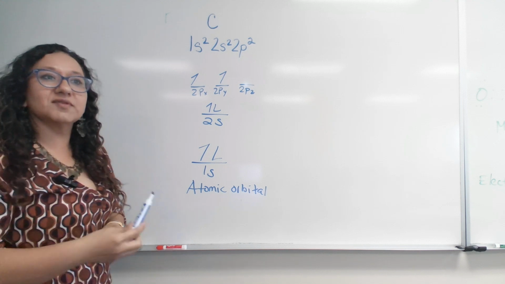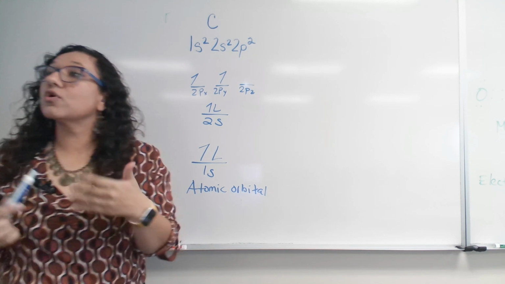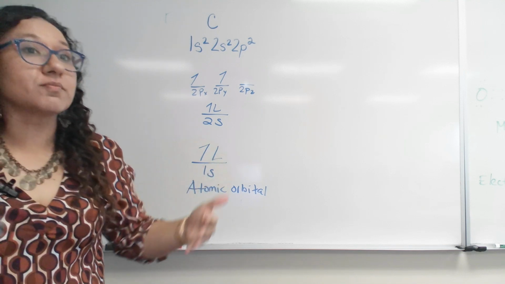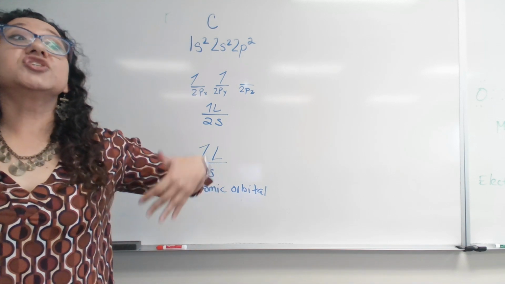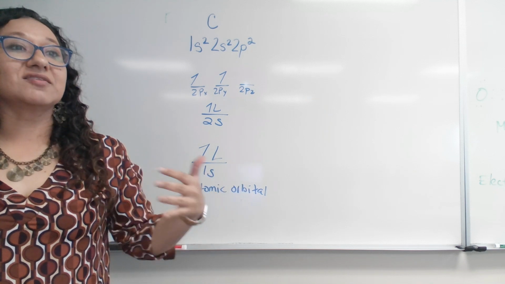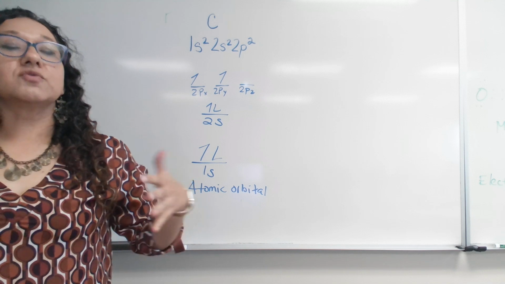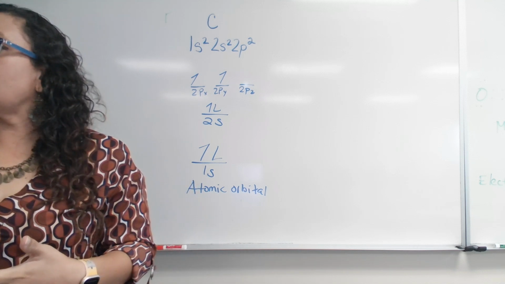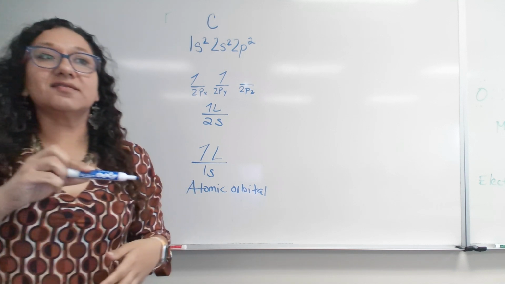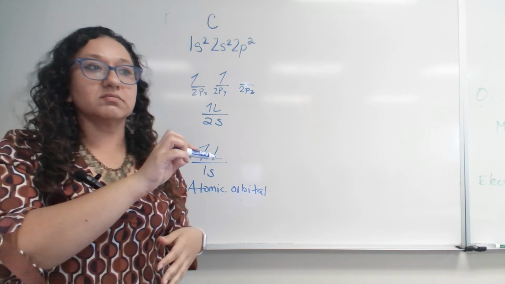Valence bond theory comes in and says, when an atom is going to form a bond, a molecular bond, it then shifts electrons around and moves around to make space to get maximum overlap to be able to bond with other atoms. And it does that using something called hybridization, which we're going to talk about in a separate video.